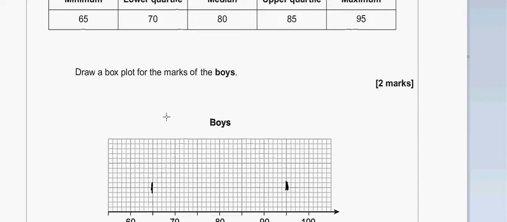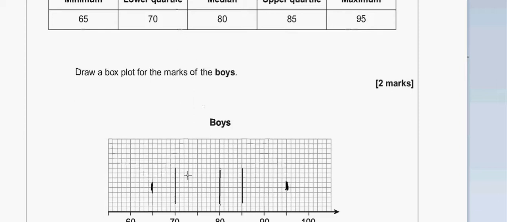Now the lower quartile is 70, so let's say that's about there. The upper quartile is 85, so that would be there. The median is 80 again, so the median is the same as the whole class.